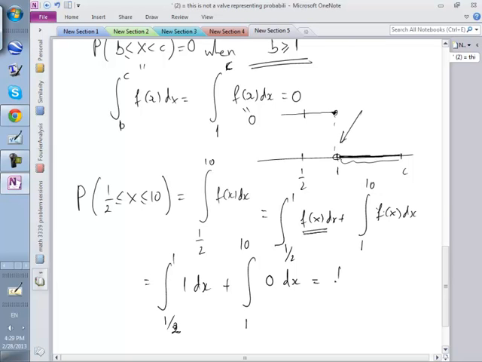So that will give you 1/2, and the second term will give you 0, so it's 50%. All right? Is it clear? Any questions?